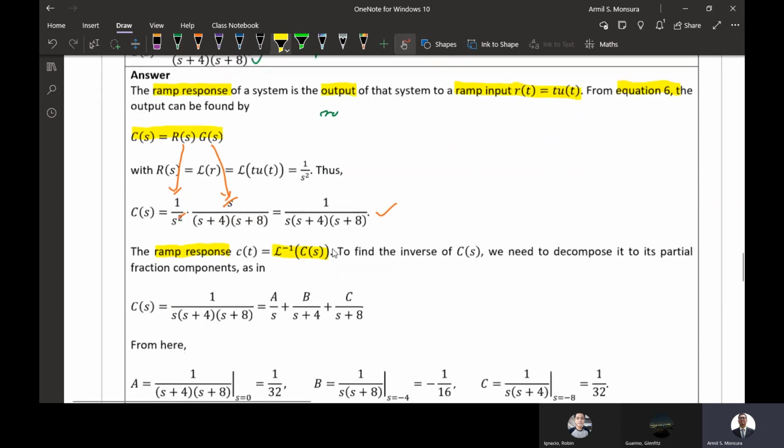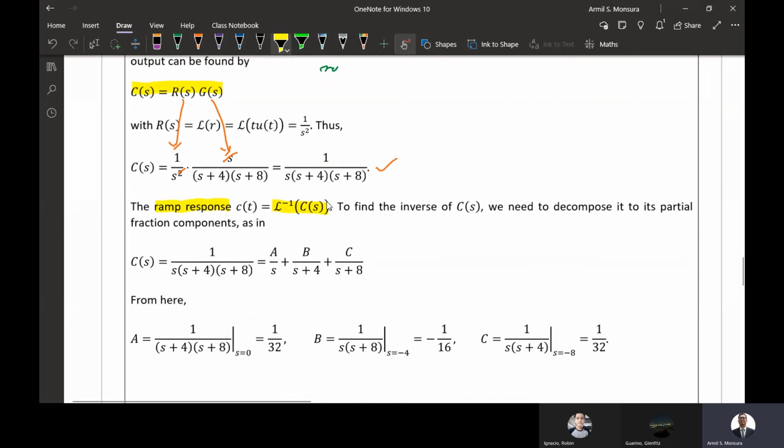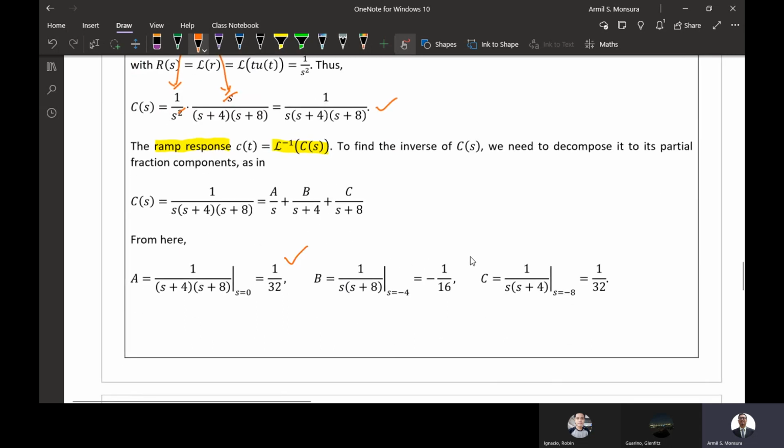So, again, when we evaluate the inverse Laplace transform of this, observing the denominator, kailangan nating mag-partial fraction expansion ulit. Okay? So, the partial fraction expansion is this one. A over s plus B over s plus 4 plus C over s plus 8. So, by cover-up method, verify nyo na lang na ito yung lalabas. We have this one, this one, and this one.